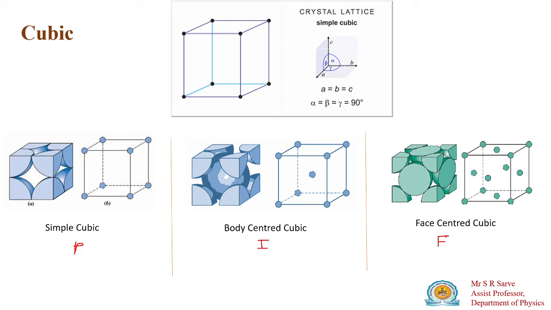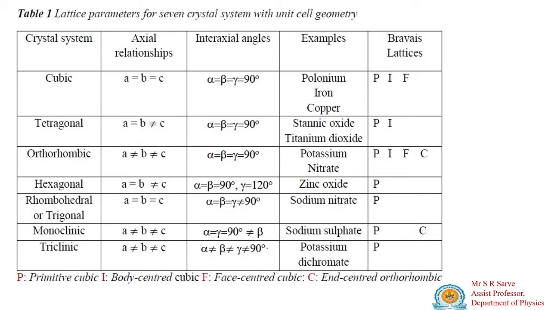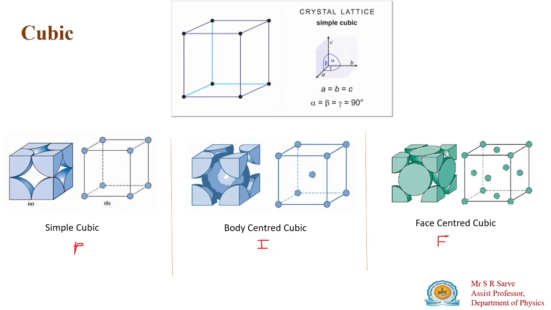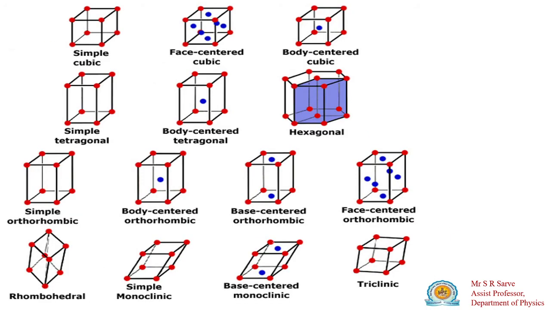We will learn this. Cubic I means body centered. Now this cubic structure is classified into three Bravais lattices.